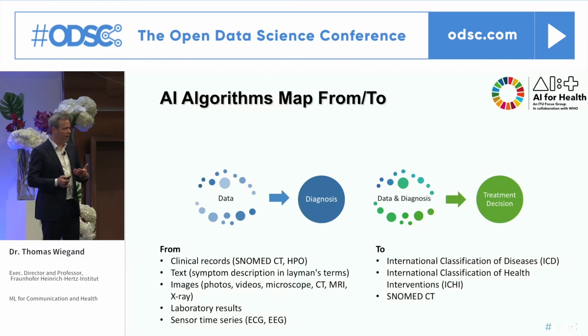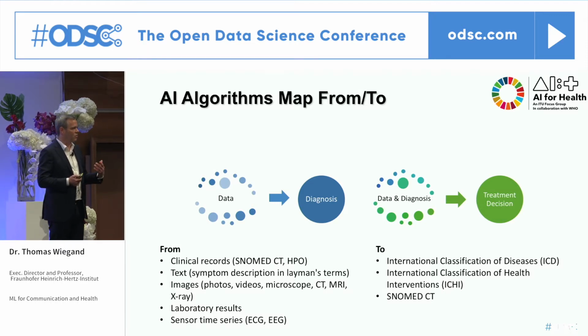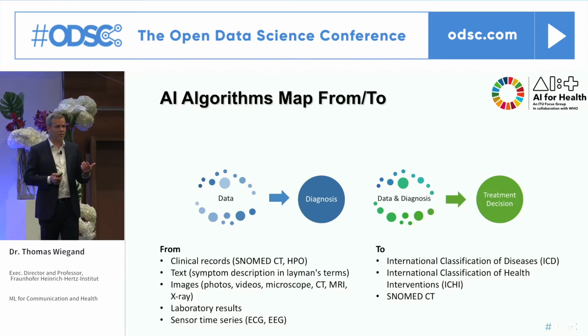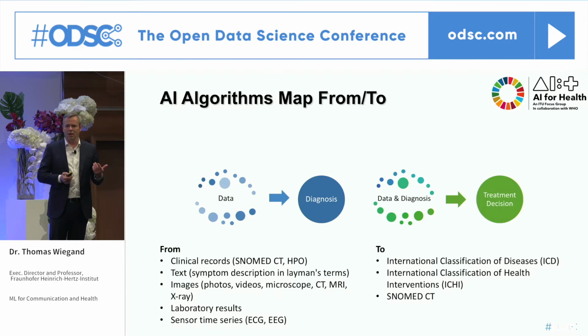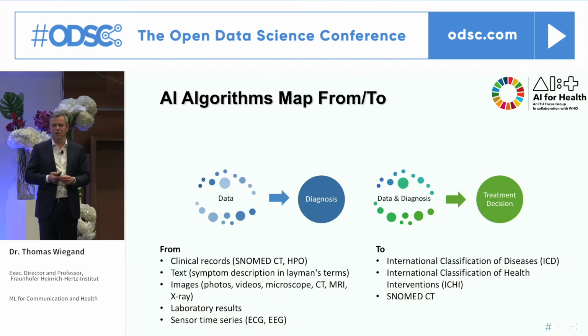We have a child malnutrition project, microscope, CT, MRI. I mentioned a couple of MRI projects, particularly related to cancer, and X-ray, laboratory results, your blood results, for example, and sensor time series like ECG, EEG, etc.